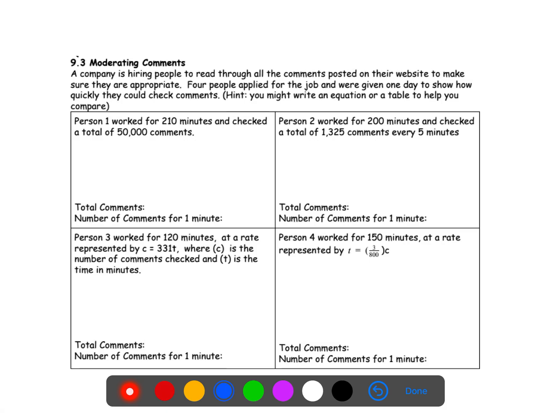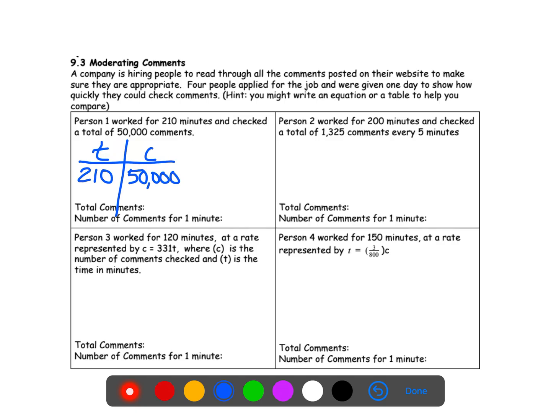Now, we could look at that with a table and we would be comparing the time to the comments. So 210 minutes, 50,000 comments. That'd be one way to look at it. Now, really, that's not necessary. I really need to be creating a ratio that I can turn into a unit rate.